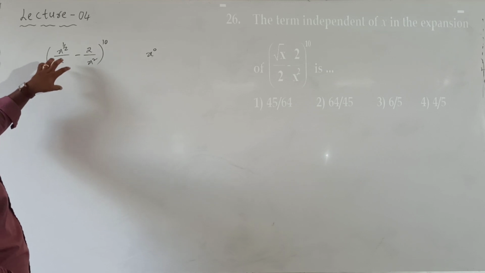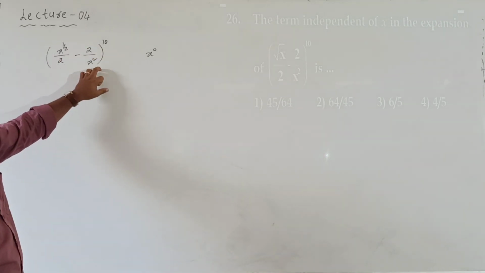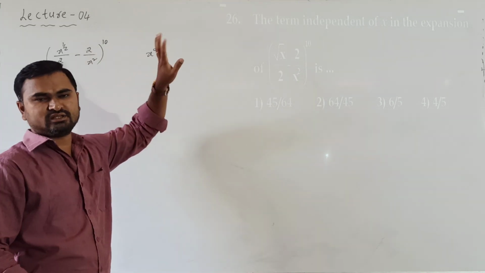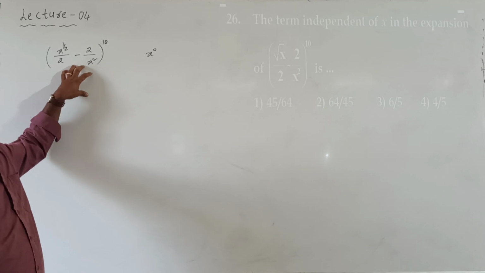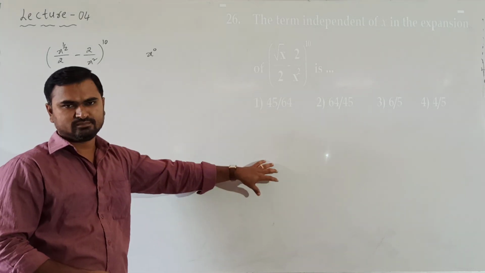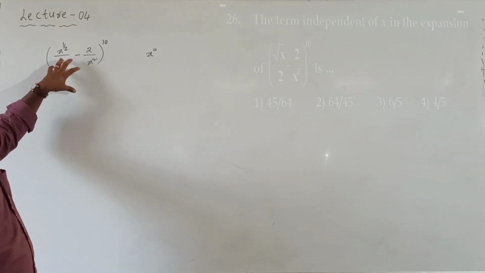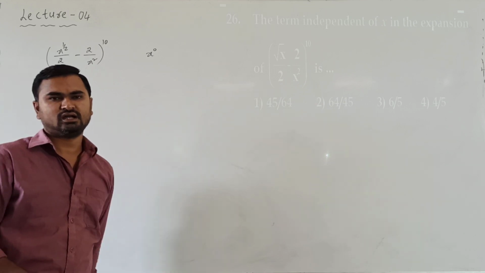Since it is in the standard form (a x power p plus b by x power q) whole power n, we can apply that formula. It depends on the expansion. If it is in the form (1 plus x) whole power n, we directly use the general term. If it is (a x power p plus b by x power q) whole power n, then we have to use the formula for r.